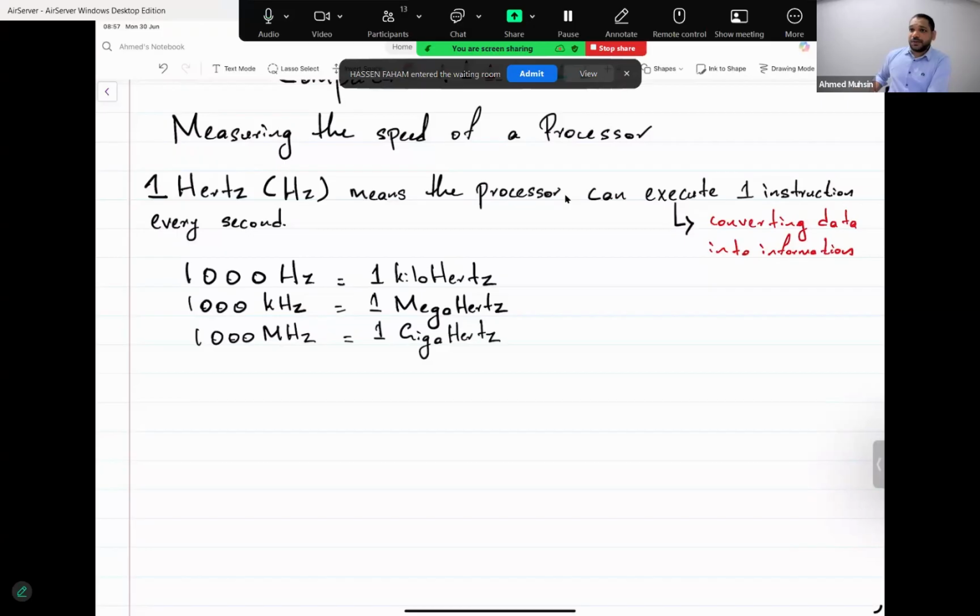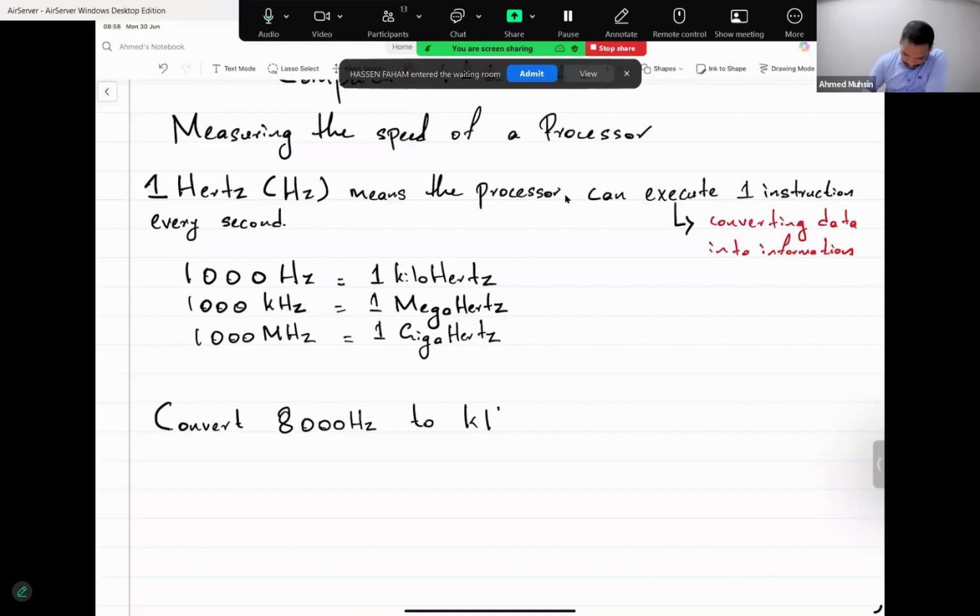Now, guys, a simple question. Aren't you writing it down? So, guys, if I were to ask you a question like this, convert 8,000 hertz to kilohertz.